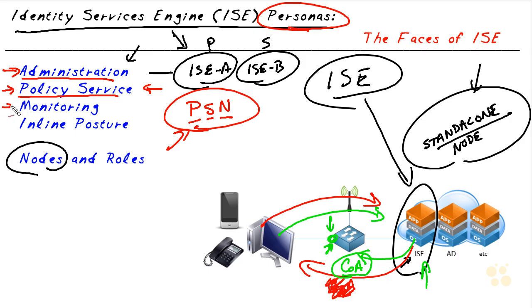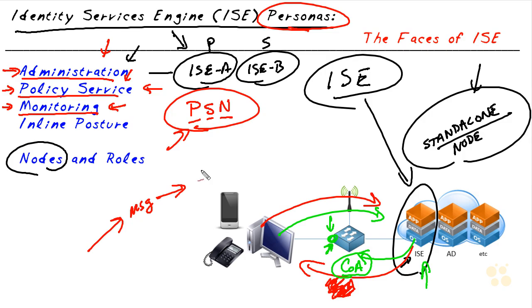If an ISE node is operating and using the monitoring function, which in a standalone environment we absolutely would, in a distributed environment we might have two ISE nodes that are performing the monitoring function, and that way we could send all of our messages from both the administration and the policy service functions over to a centralized ISE server for the collection and management of all of those log messages.